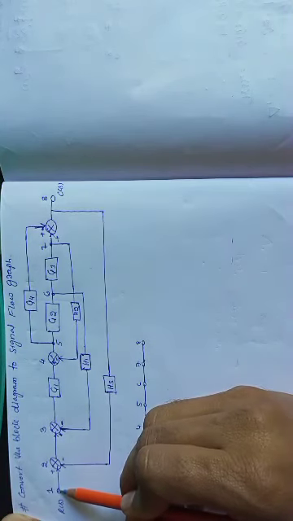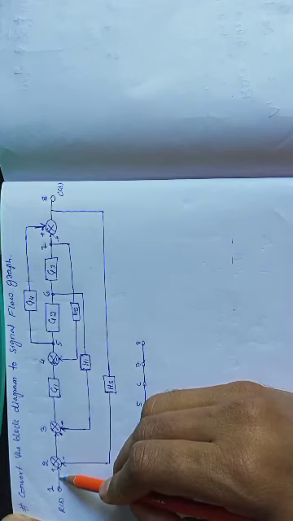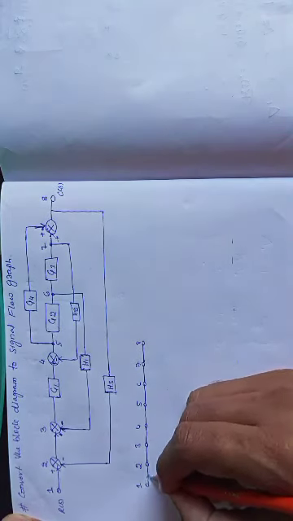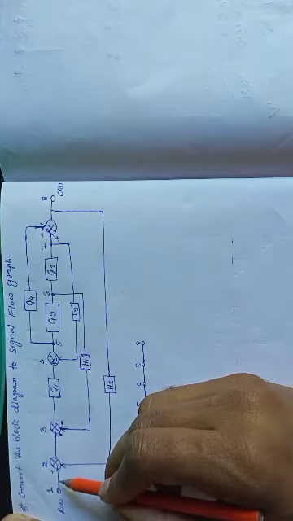Now from node 1 to 2 there is gain, that is 1. If there is no block, then the gain is 1.